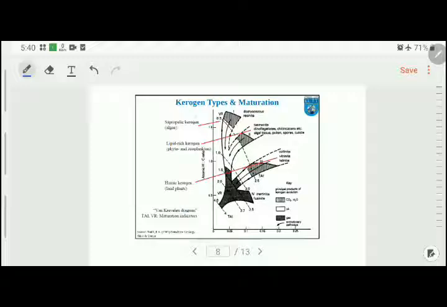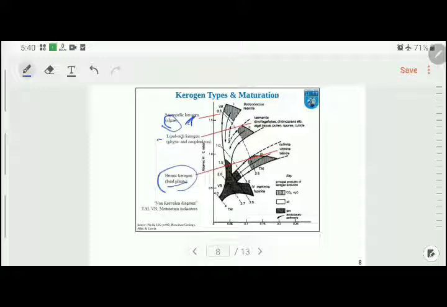There are three main types of kerogen: the algal kerogen, the lipid-rich kerogen, and the third one, called humic kerogen, which comes from land plants.